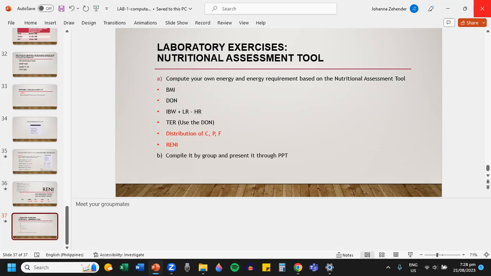Next, compute for the TER using the DBW. Lastly, compute for the distribution of carbohydrates, proteins, and fats, and present the amount of each according to the RENI. Consider this as graded seat work plus attendance. For section 2G, you may do this during your laboratory session on Friday.